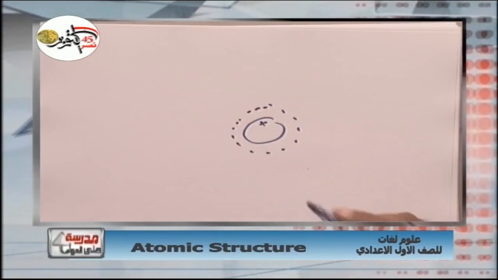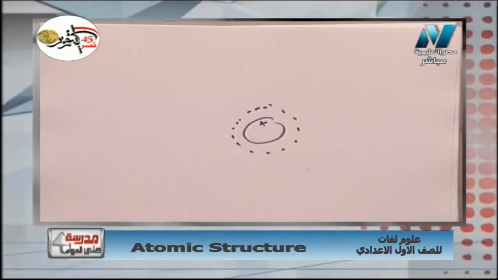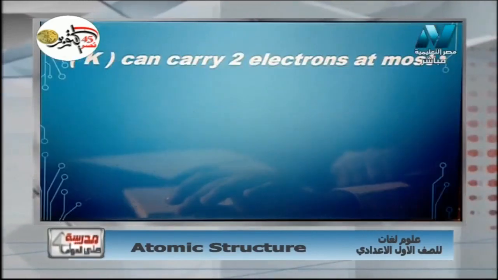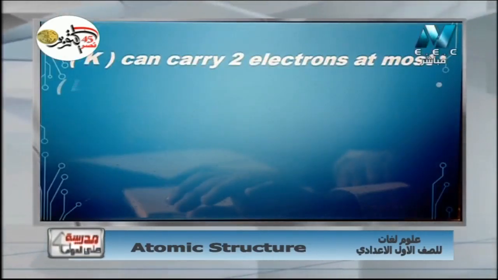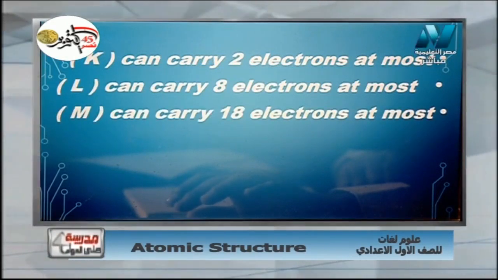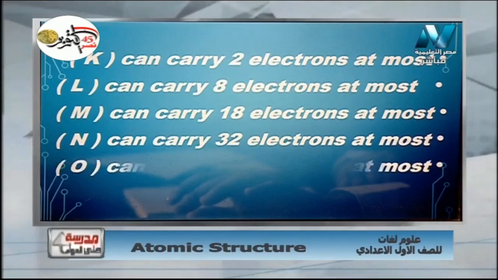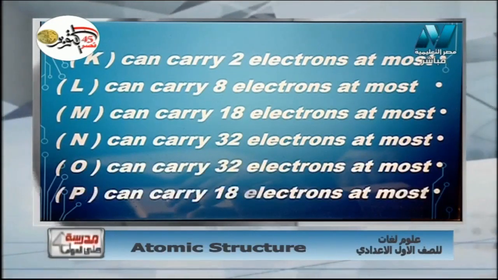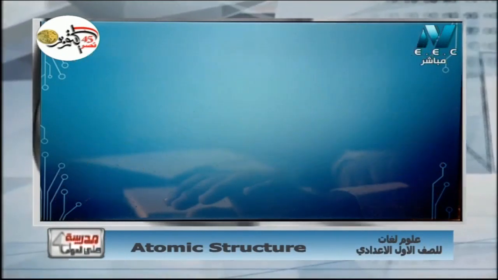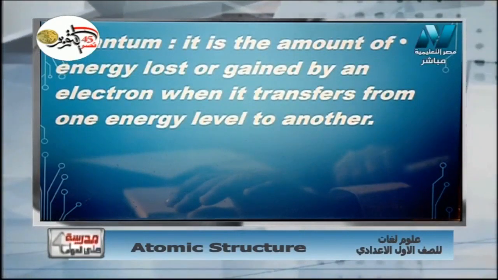Now let's talk about the capacity. K can carry just 2 electrons at most. L can carry 8. M can carry 18. N can carry 32. O can carry 32. P can carry 18.